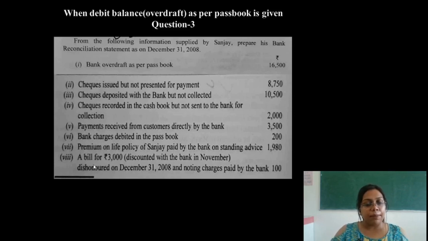Lastly, a bill of rupees 3000 that was discounted with the bank in November was dishonored on December 31st, 2008, and noting charges of rupees 100 have been paid by the bank.